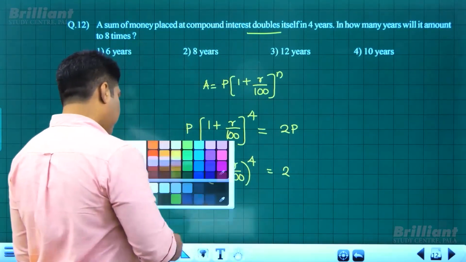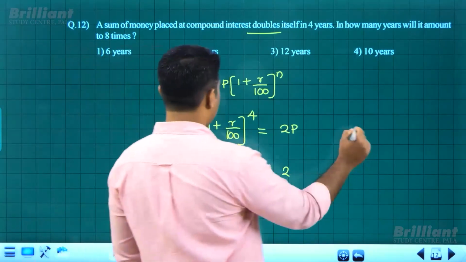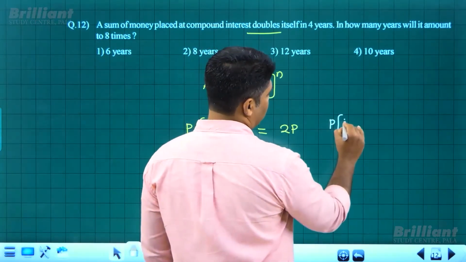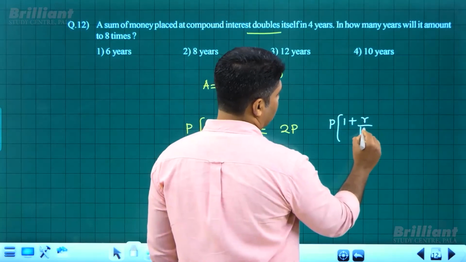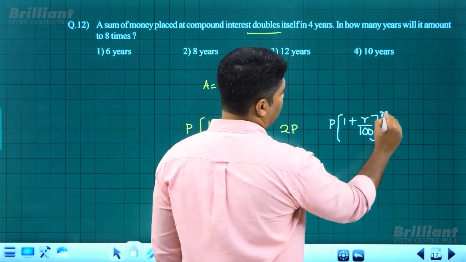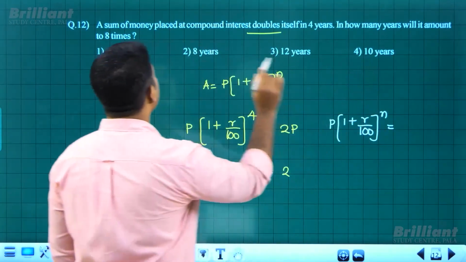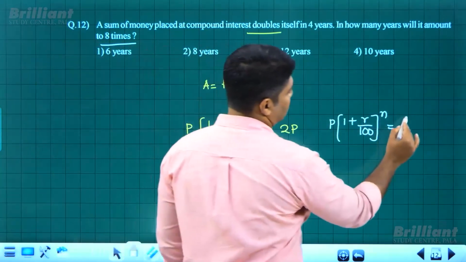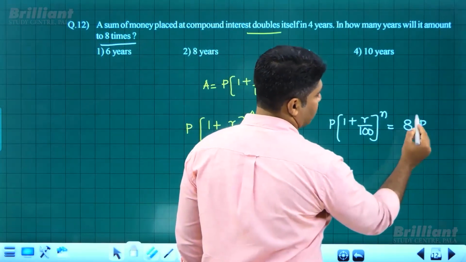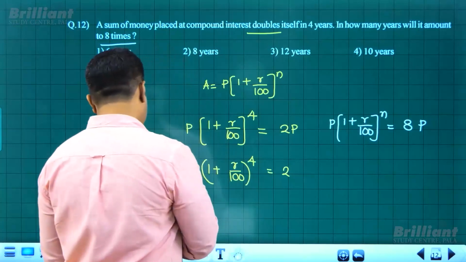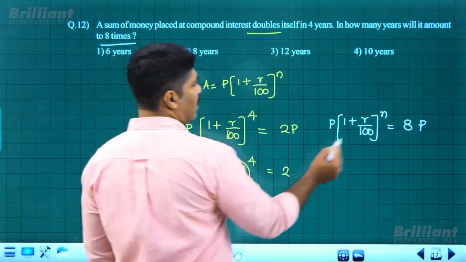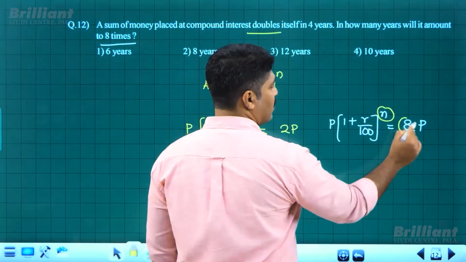What are we going to find out here? We need to find out P into 1 plus r by 100, the whole raised to some value, so that this should be 8 times. So what is the required change as per these values?